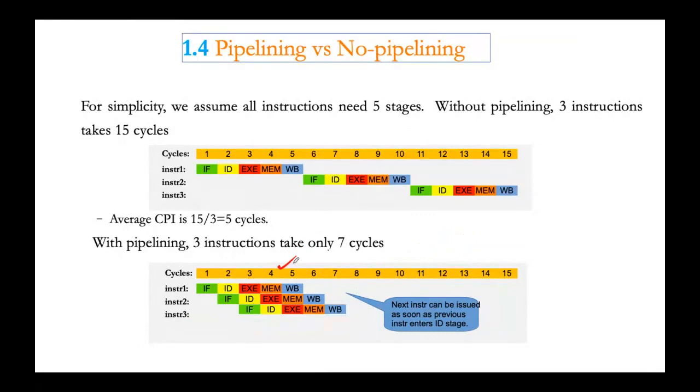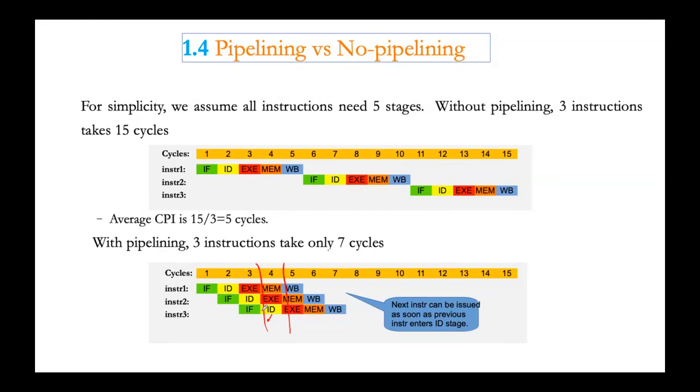In the fourth cycle, the first instruction utilizes the memory segment, the second instruction utilizes the third segment, because it completed instruction fetching and decoding and entered execution, and the third instruction utilizes instruction decoding.